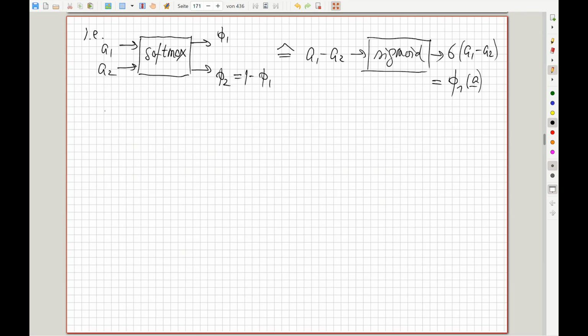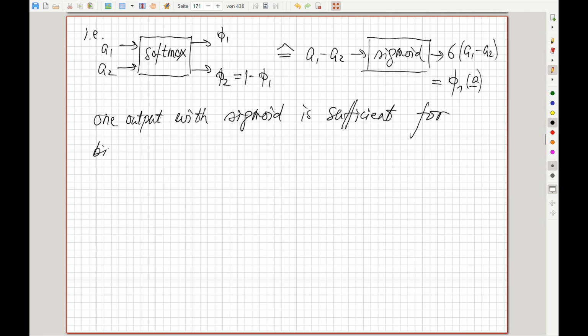This means 1 output with sigmoid is sufficient for a binary classification problem. It is simpler than using 2 outputs with a softmax activation function for binary classification. They are the same.